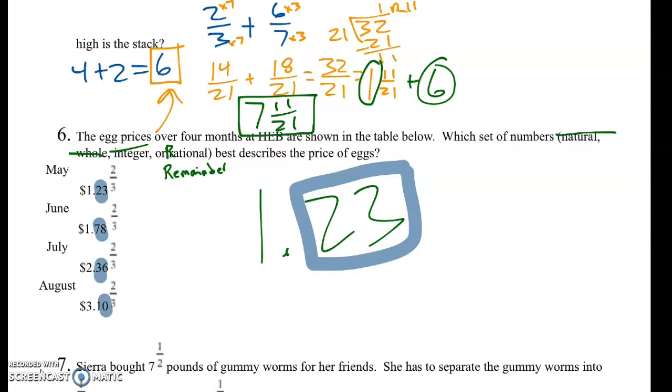A remainder like 23 cents in May, and 78 cents in June, and 36 cents in July, and 10 cents in August. These are all remainders. It's all something left over. It's all something extra. So this is rational, and only rational.